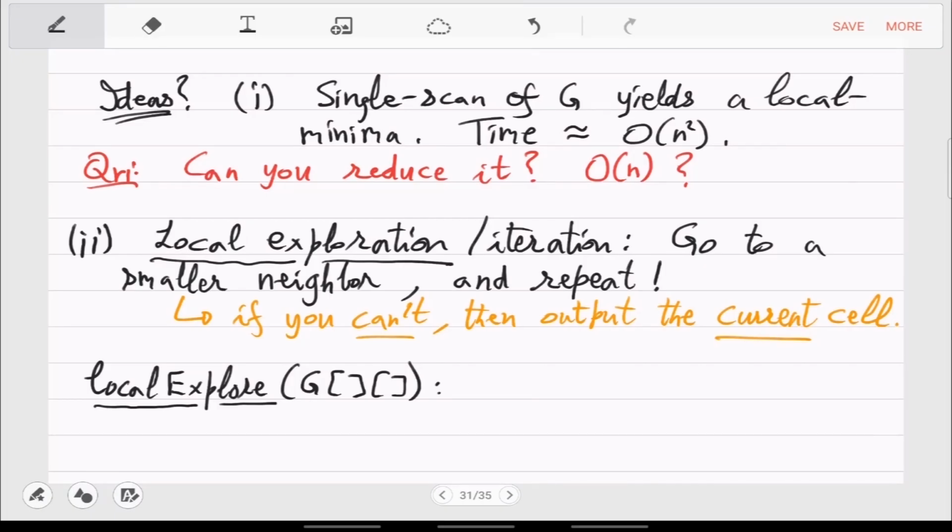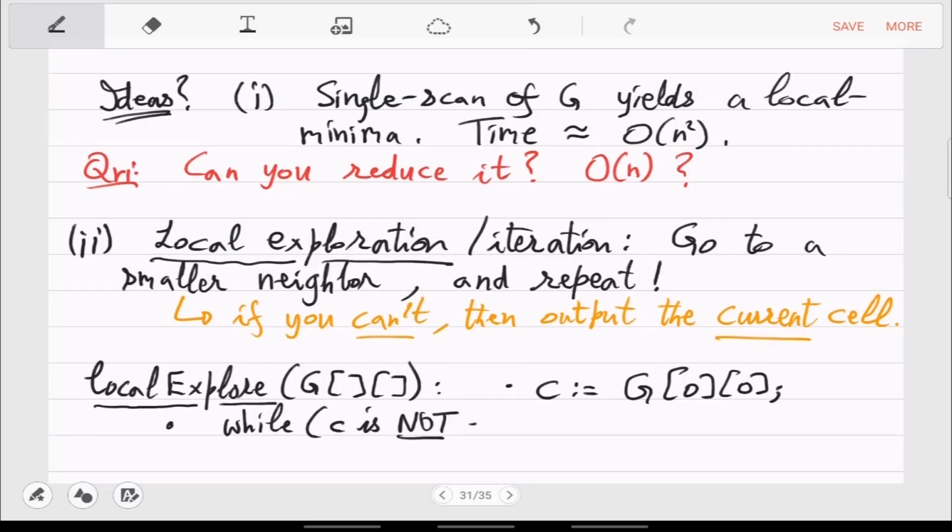What you do is you start with an initialized variable c equal to g00, and while c is not a local minima, you update c to be the least neighbor.